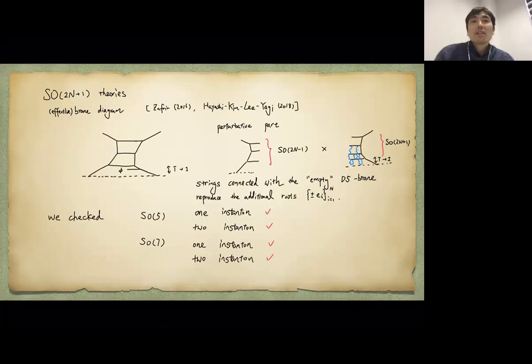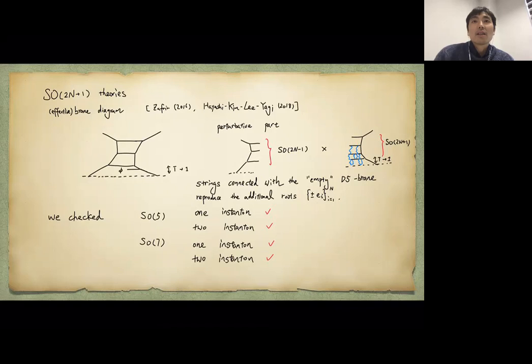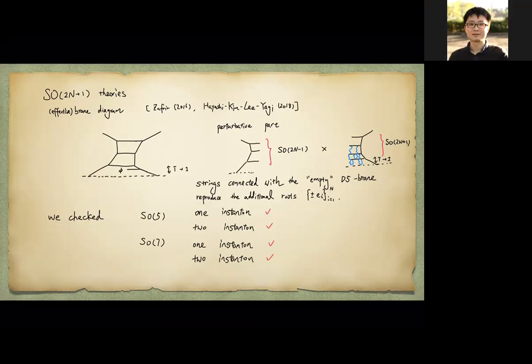Yes, for G2. The Korean group computed SO7 and G2. In the SO7 case, if you take the unrefined limit, the formula is very different, but we checked at each instanton level, up to 4 instantons, that it coincides. For G2, the expression exactly coincides. If you take the unrefined limit of the Korean group's result, it coincides with our formula.